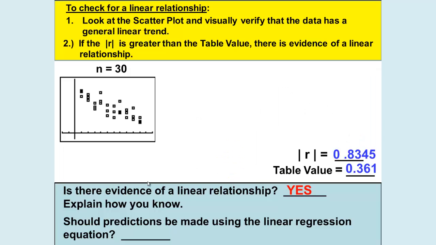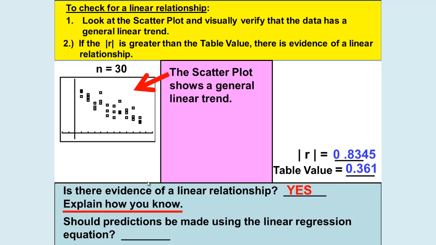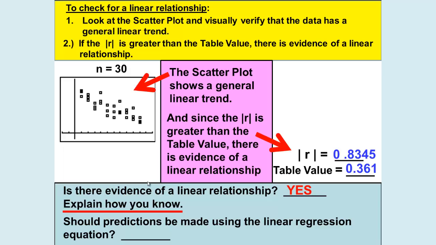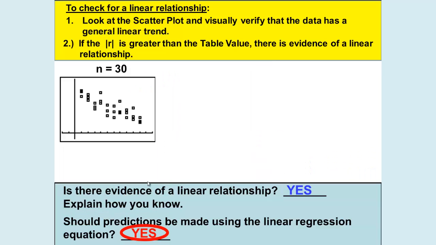Yes. How do we know? The scatter plot shows a general linear trend, and since the absolute value of R is greater than the table value, there is evidence of a linear relationship. Should predictions be made using the linear regression equation? Yes.